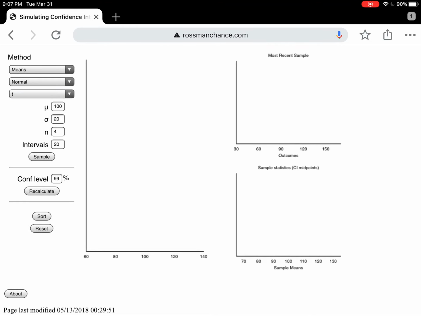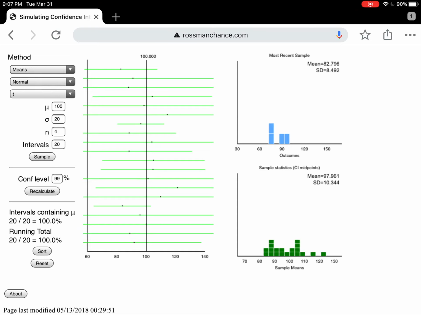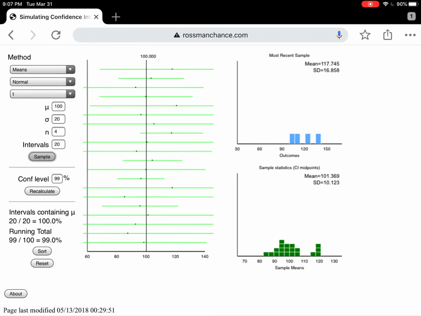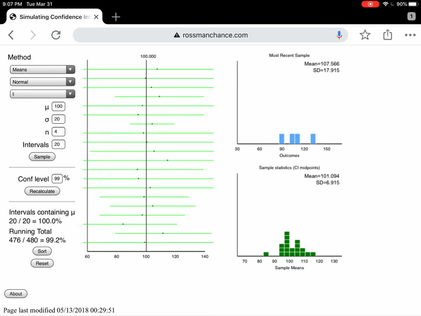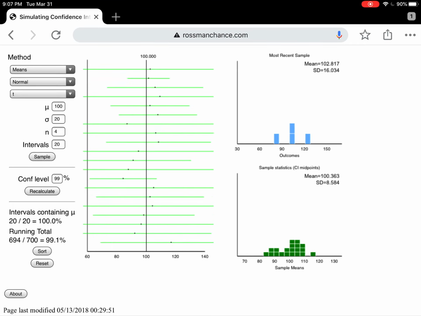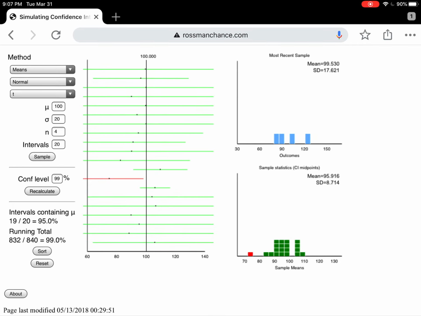So there's another option on this one. There's a different type of critical value that we can use. So if I sample this, so here's just a sample of 20, you'll notice that all of these happen to capture it. So I'm just going to repeat this a bunch of times, just like before. Some of them are still not going to capture it because I don't want all of them to. I want a 99% confidence level. I would like that capture rate.